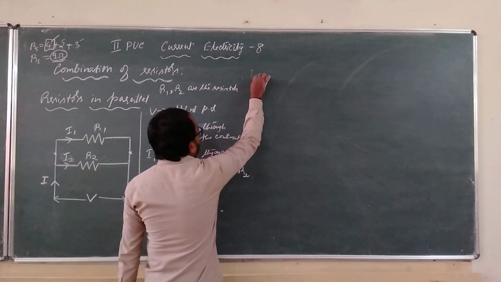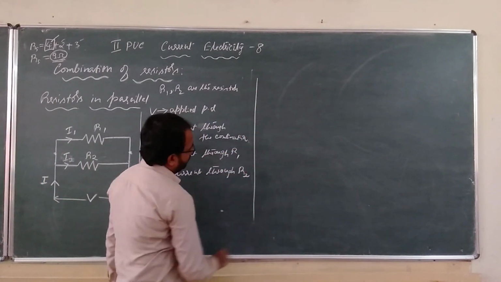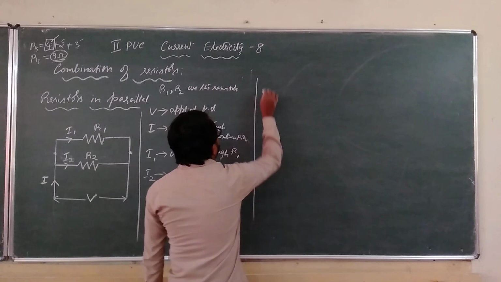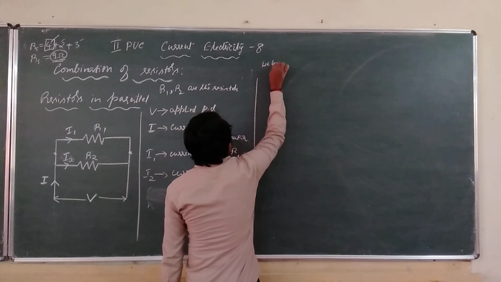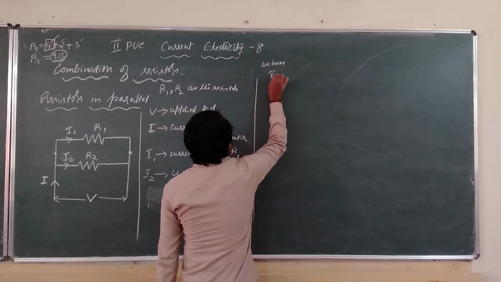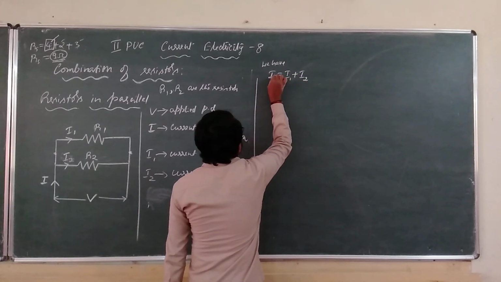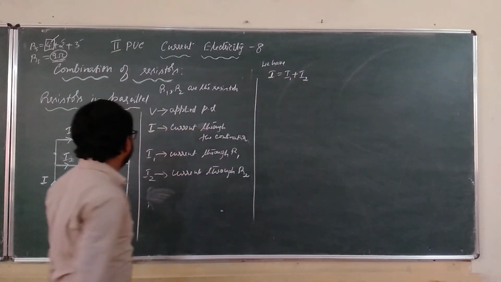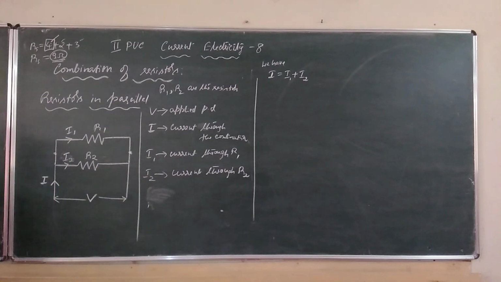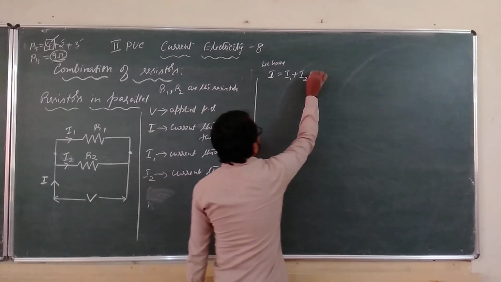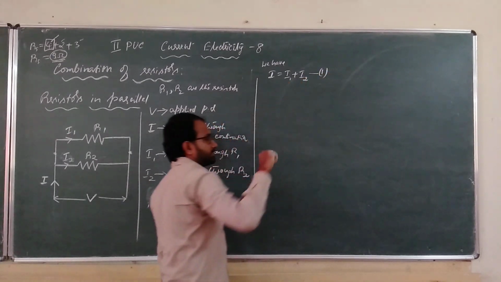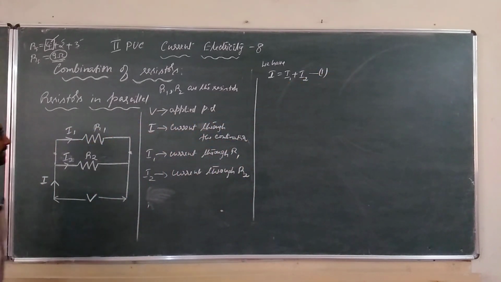Here, instead of charge, you have current. So the net current flowing is I equal to I1 plus I2, the sum of currents flowing through individual resistors. We start from here, just as in capacitors Q is equal to Q1 plus Q2. So I is equal to I1 plus I2.